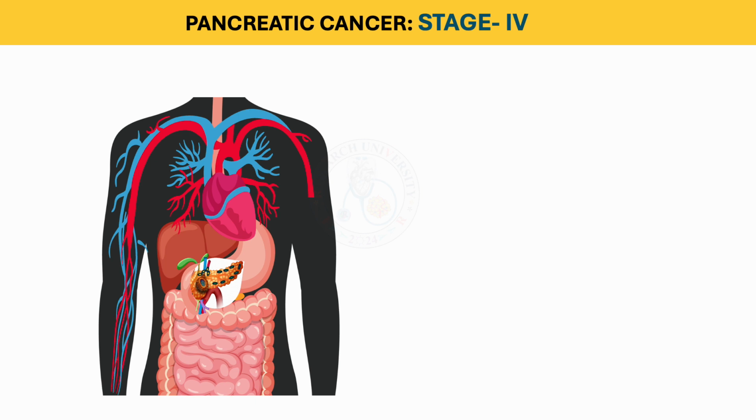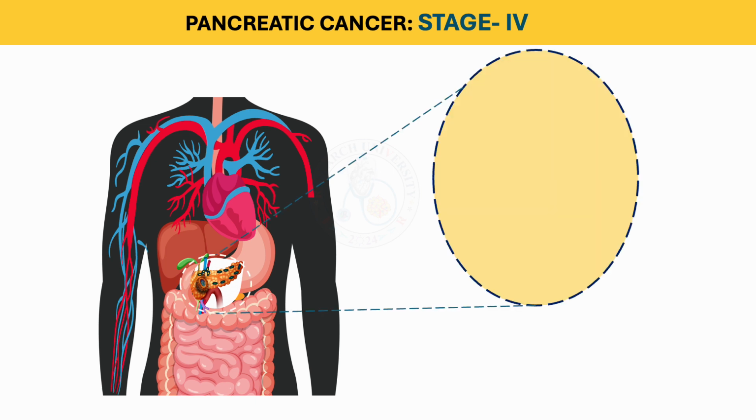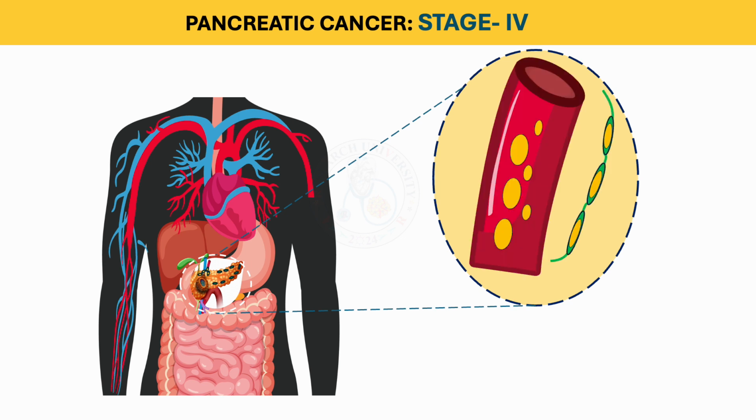The final stage of pancreatic cancer is stage 4. This is the most advanced stage, and the cancer has spread beyond the pancreas and nearby lymph nodes to distant parts of the body. The tumor can be any size, and cancerous cells affect organs like the lungs, liver, and peritoneal cavity.